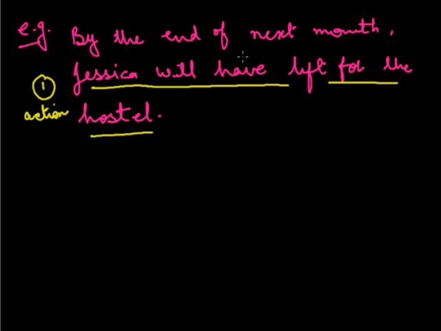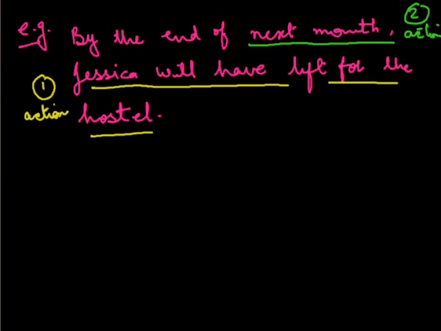This is the second action. So, it also highlights one future action before the other. Jessica's leaving occurs before the month comes to an end. The month coming to an end and Jessica leaving for the hostel are the two actions.